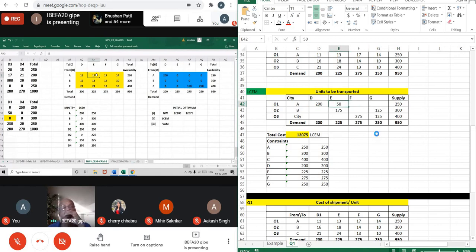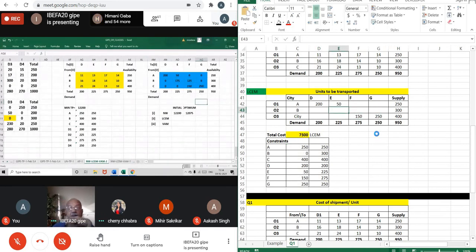Now 13 is the minimum. 225 you want, you have only 50, so you can only give 50. Here it will be nothing. Already 150, you want 175, and remaining 125 here.